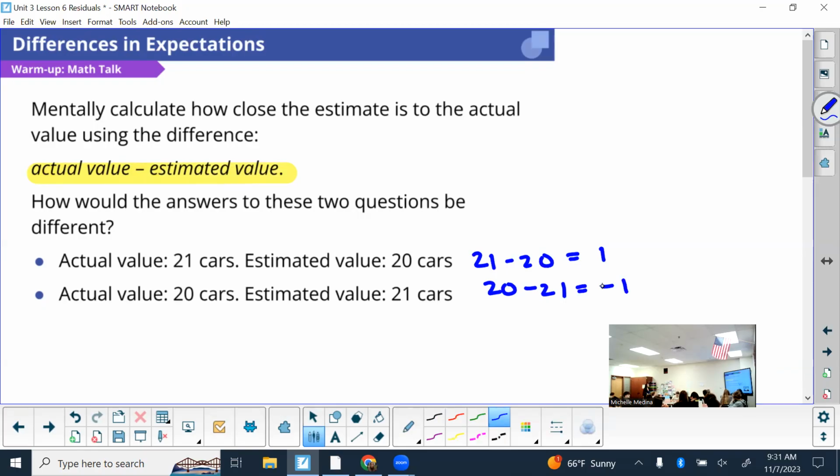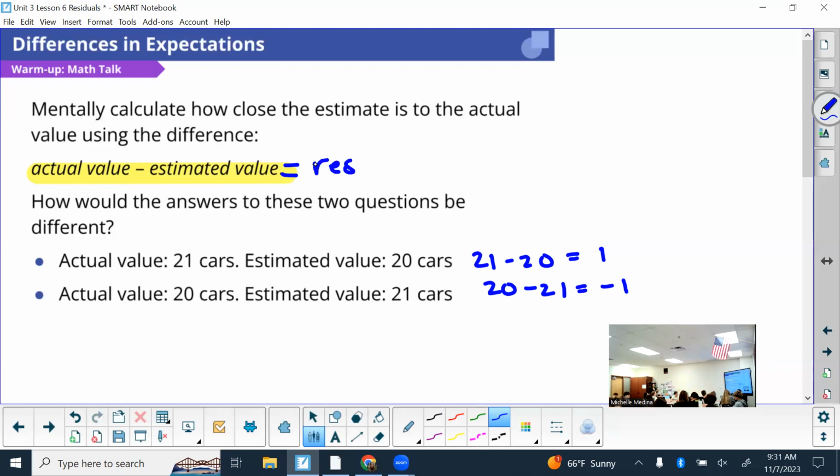So we don't just want to know the difference between them. It has to be whatever the actual was minus the estimated. I know a lot of you will just want it to be the bigger number minus the smaller number. It's really important that you just do whatever the actual is minus whatever the estimated is. Now this formula is really important because that's actually how you find residuals.